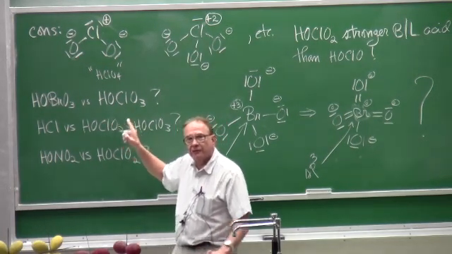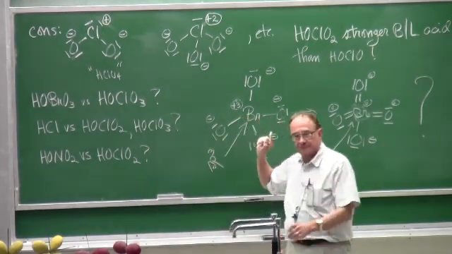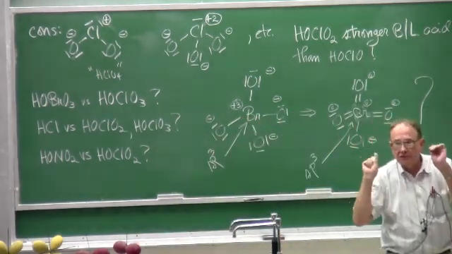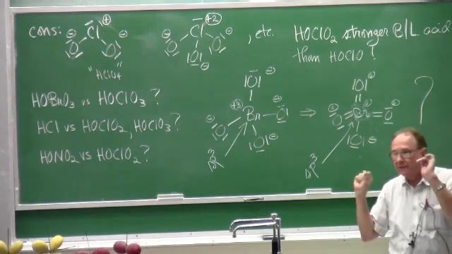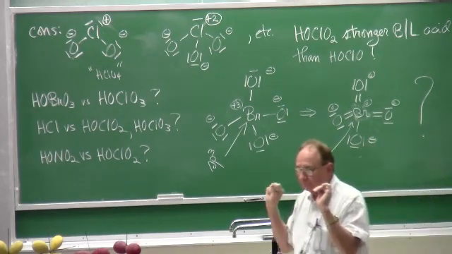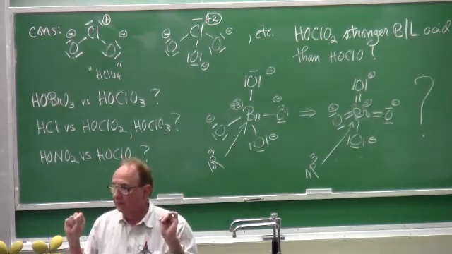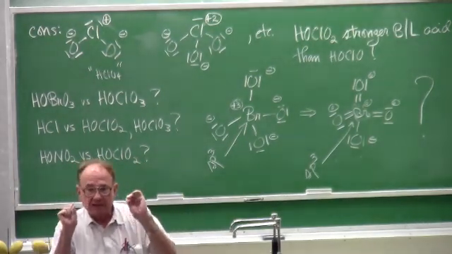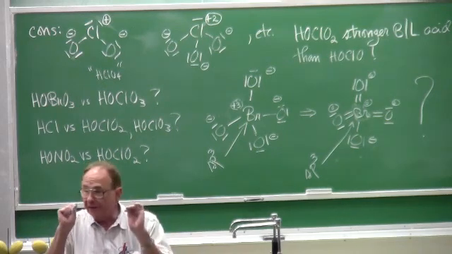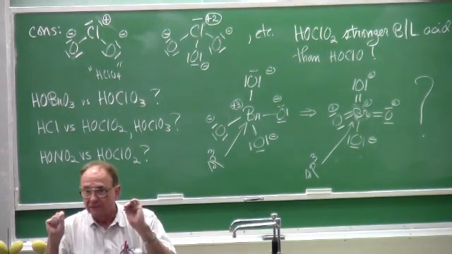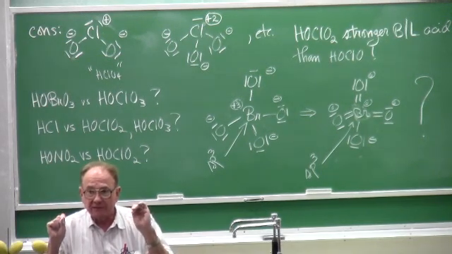So now let's fine-tune this analysis. When it comes to induction and inductive stabilization of negative charge density, did we not find out that proximity, the nearness of the site of negative charge to the atoms which stabilize by induction matters?